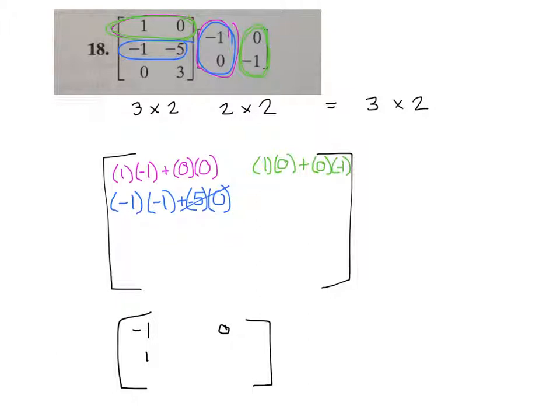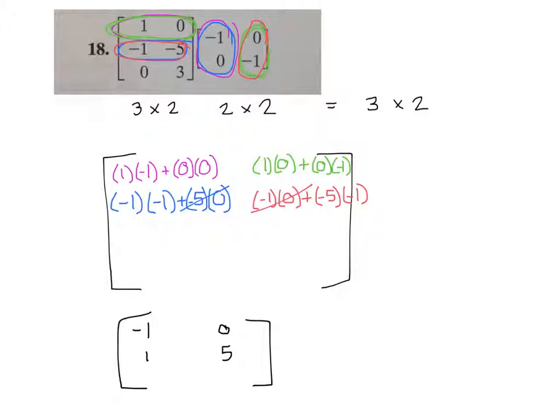Okay, next one, that's row 2, column 2. So I take row 2, column 2, negative 1 times 0 plus negative 5 times negative 1. Those together, let's see, that one goes away, it's 0. Negative 5 times negative 1 is just 5. We're doing good.